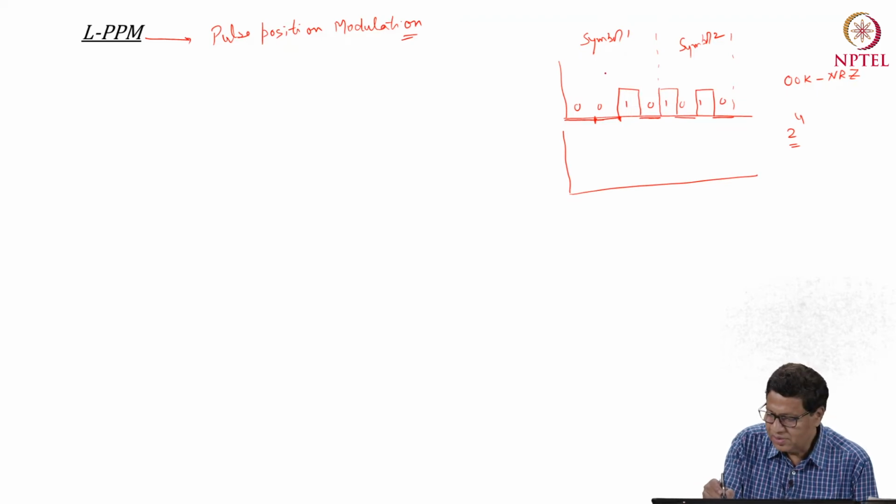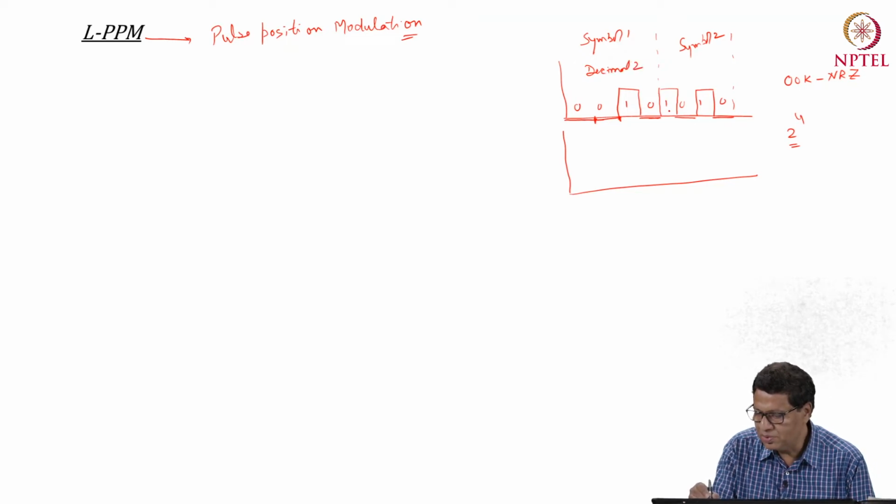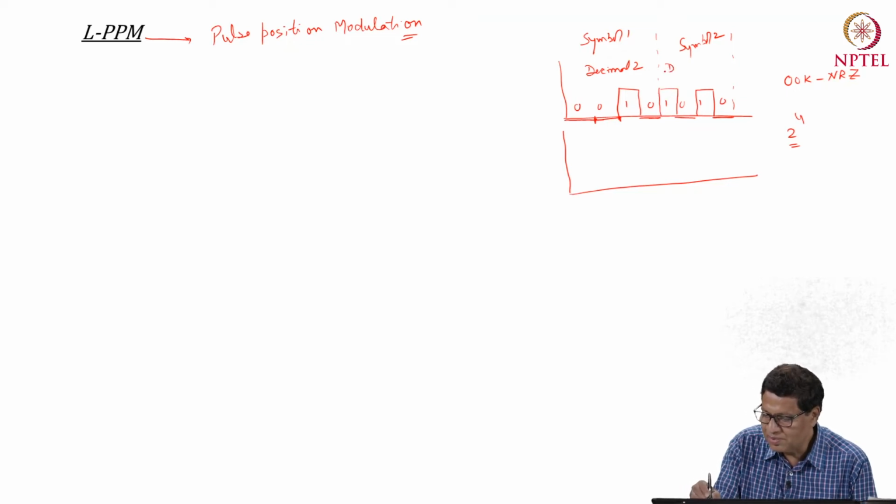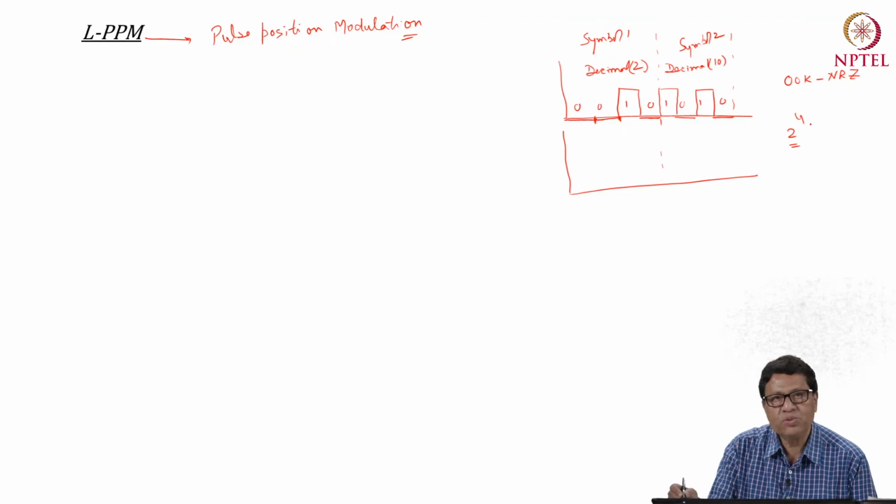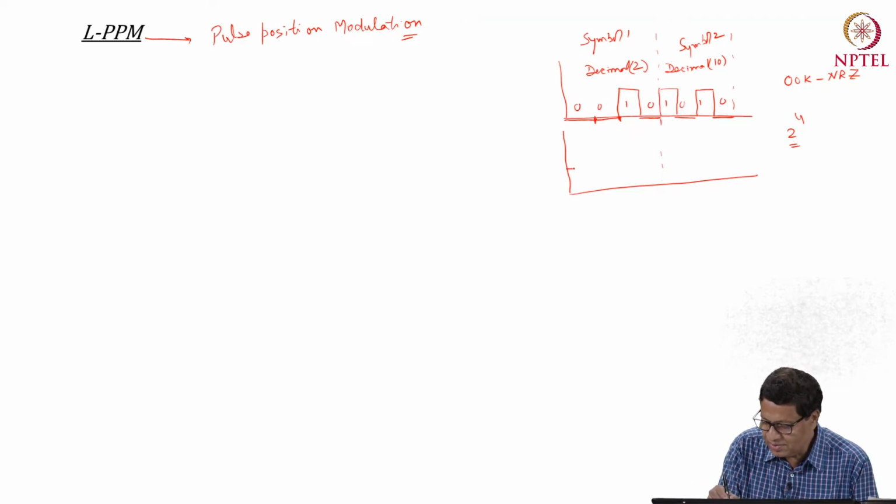If you see the decimal value of this, it is 2, and the decimal value of this will be 2 raised to power 3 plus 2 raised to power 1, so this decimal value is 10. There are 2 raised to power 4 combinations to represent any other combination. So I will divide this into 16 slots.